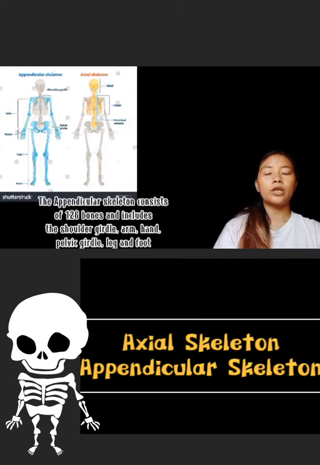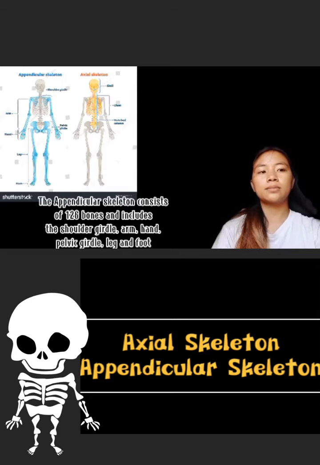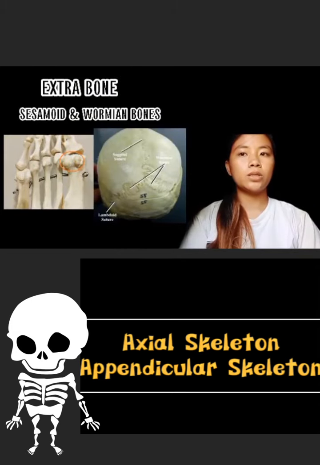Appendicular skeleton. The appendicular skeleton consists of 126 bones, including the shoulder girdle, arm, hand, pelvic girdle, leg, and foot. Extra bones. Sesamoid and wormian bones.